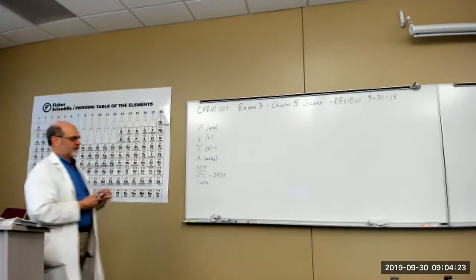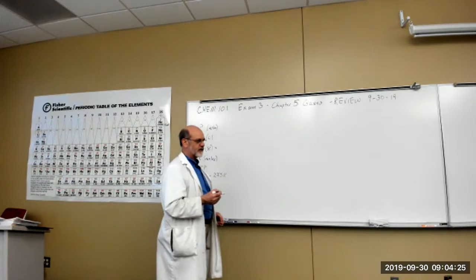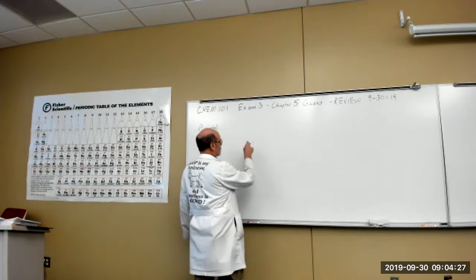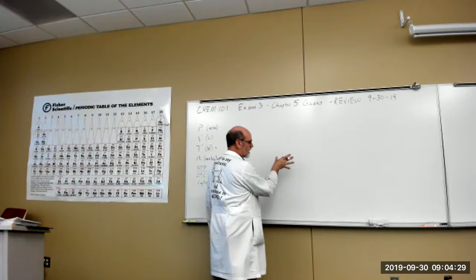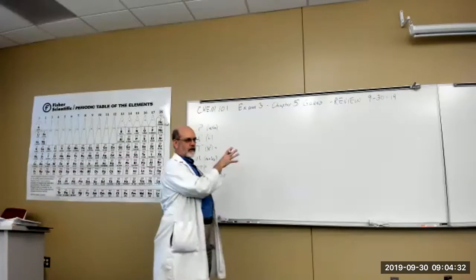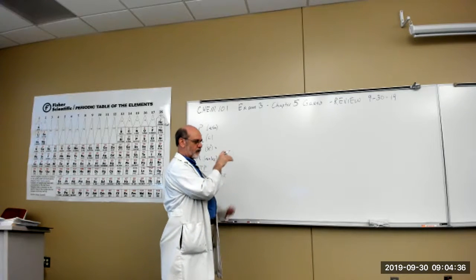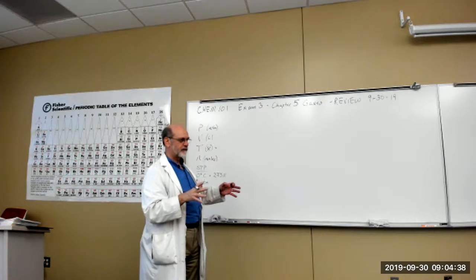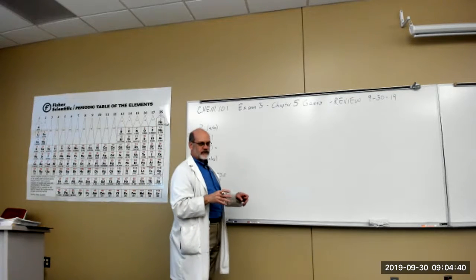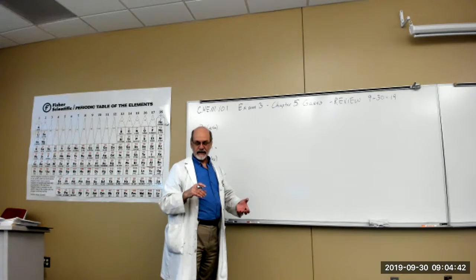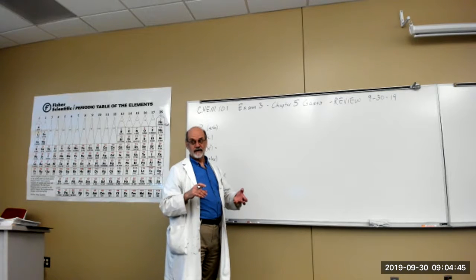Another concept that we have to consider is that the kinetic molecular theory of gas says that these particles are all moving rapidly, there are large numbers of them, and their average kinetic energy is the same.